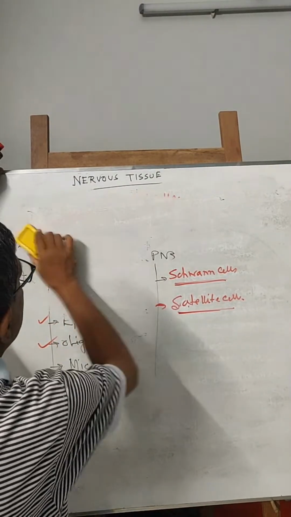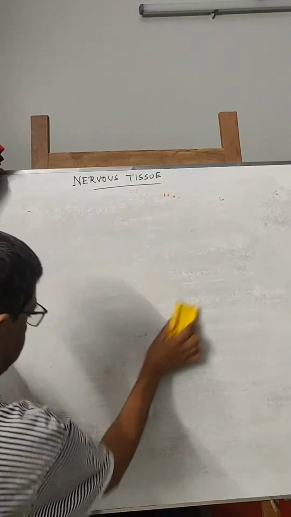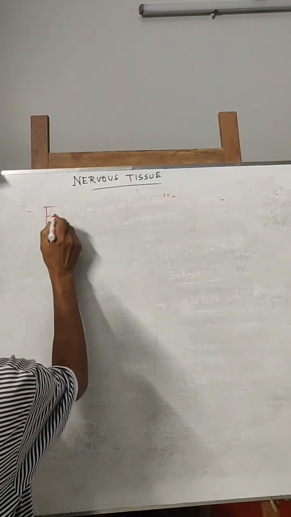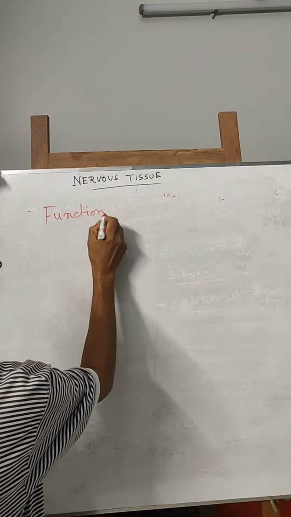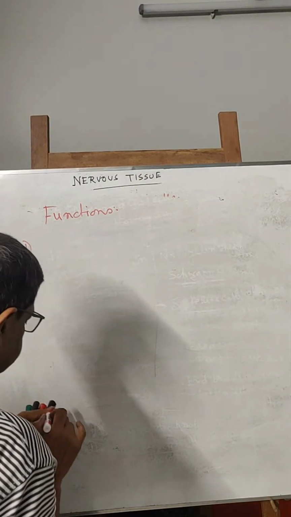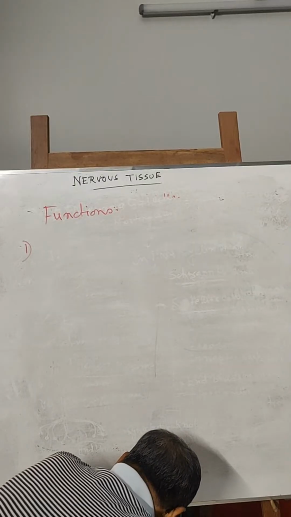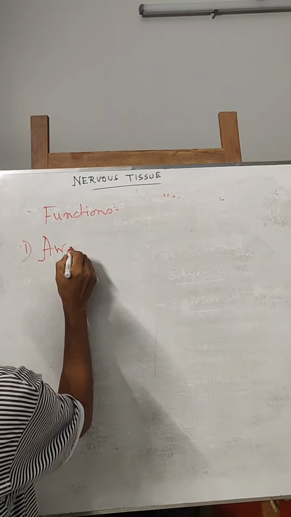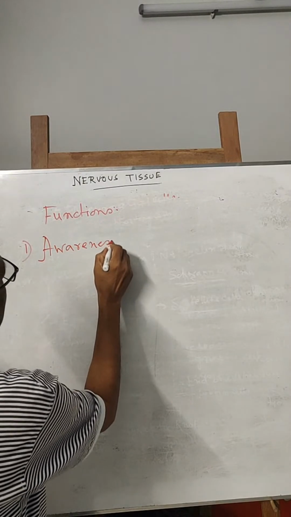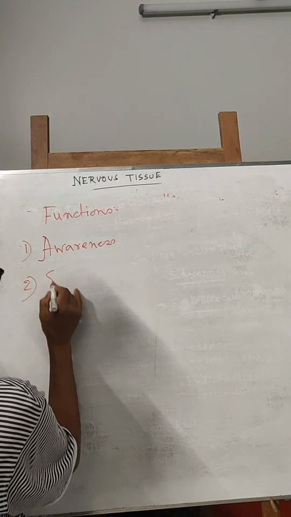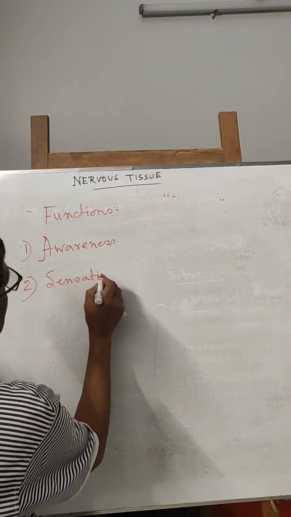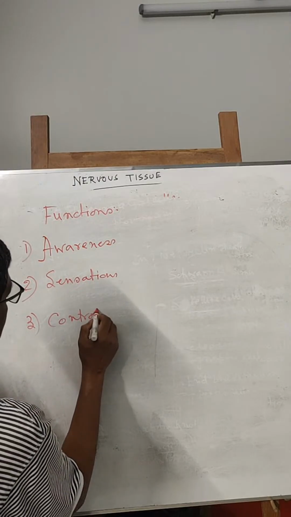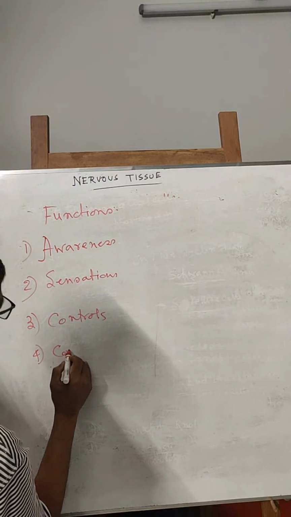Next, functions of nervous tissue. First, awareness. Second, sensations. Third, controls. Fourth, coordination.